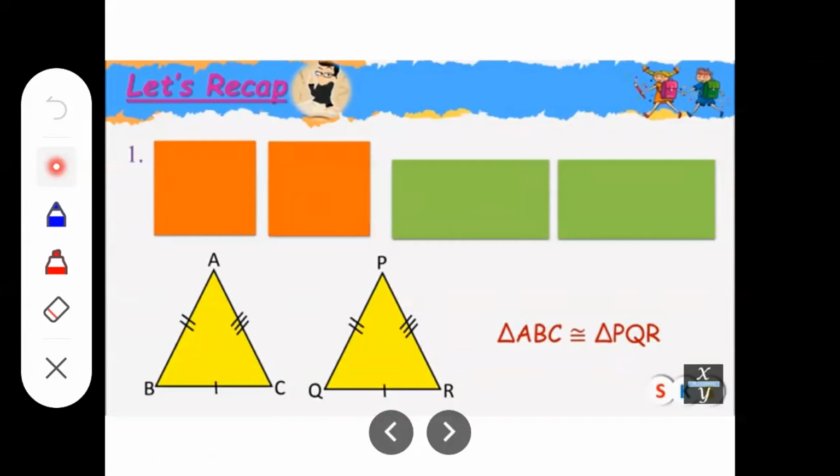Now here in the diagram you can see 2 squares of equal size, 2 rectangles of equal size, 2 triangles of equal size. When 2 figures are of equal size, they are said to be congruent to each other. So here triangle ABC is congruent to triangle PQR.